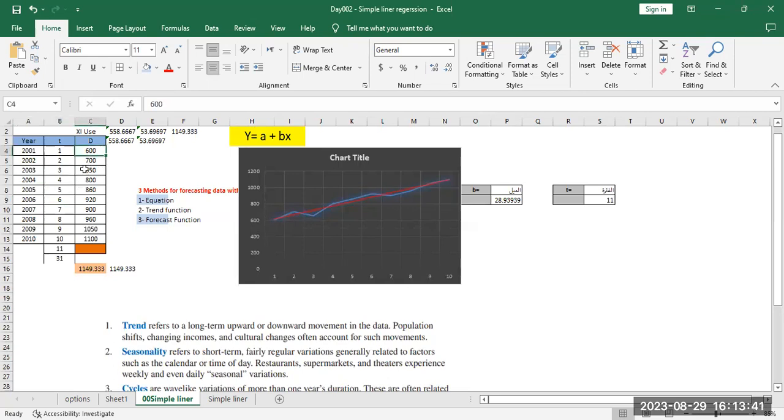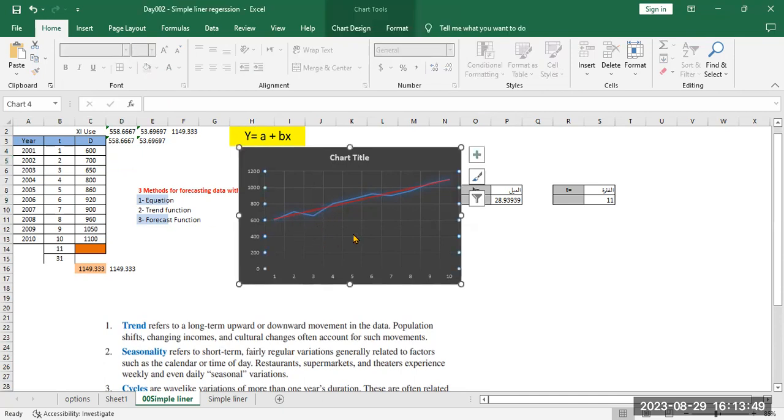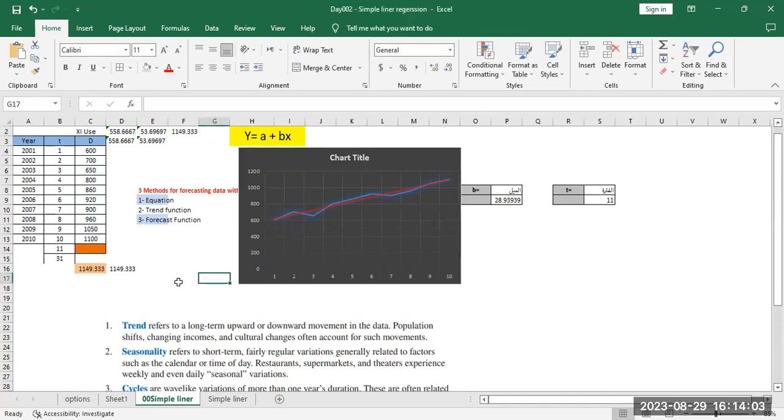If we use this data to make the chart, it will look like this. When we make the chart, it refers to an upward movement, and this is the trend line. Here we can see the underlying behavior of this data. So we have data with a trend, upward or downward.